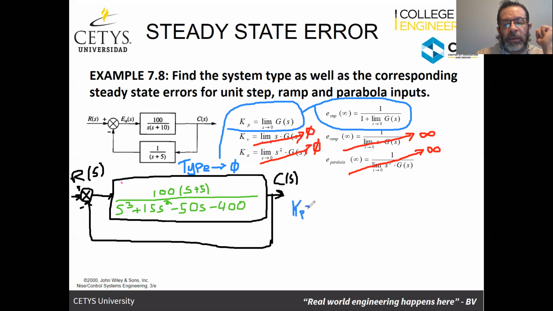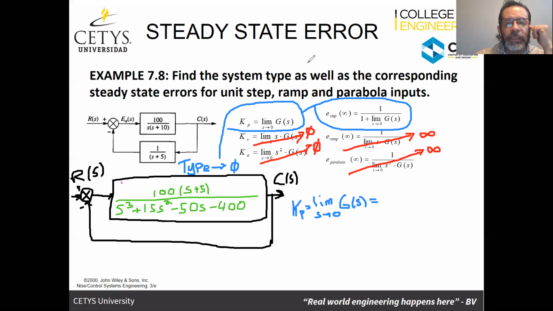Kp is going to be equal to the limit when s tends to 0 of G(s). So I'm just going to go back over here to this one.